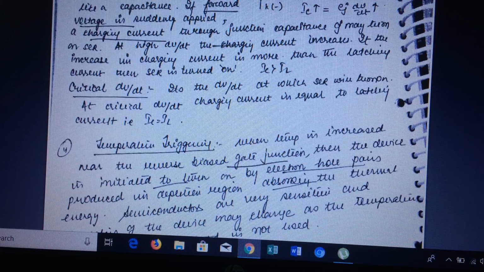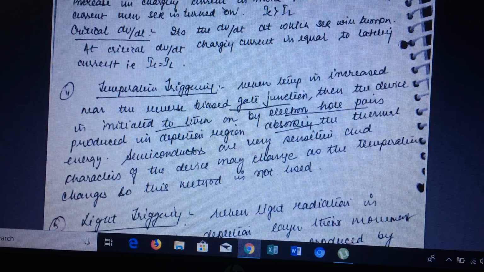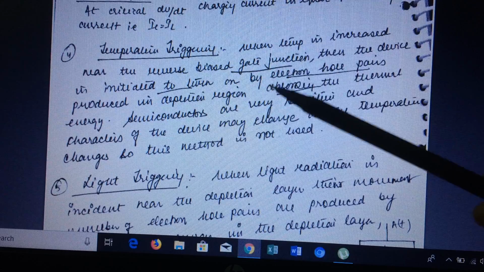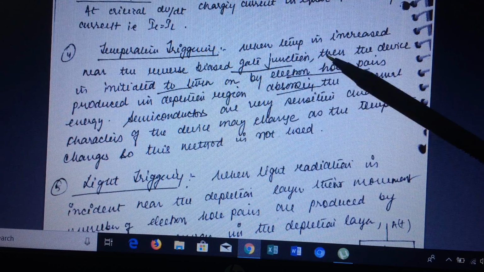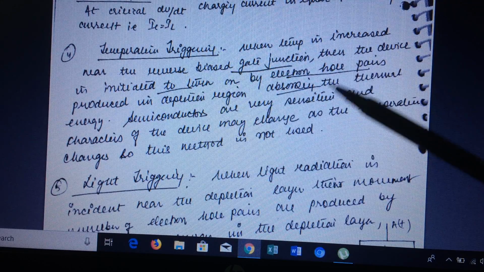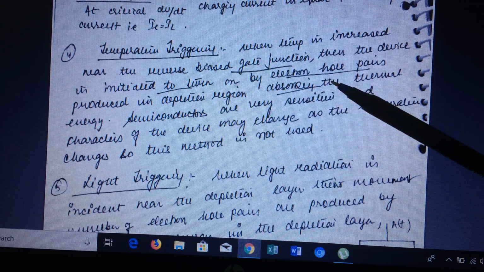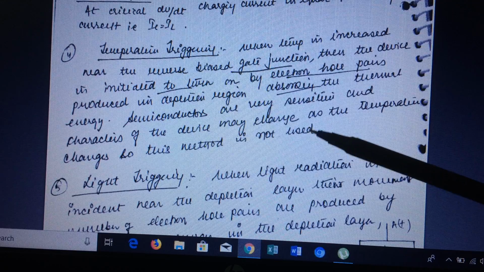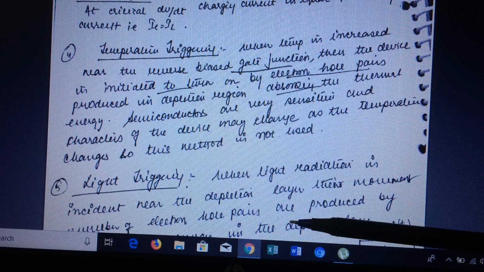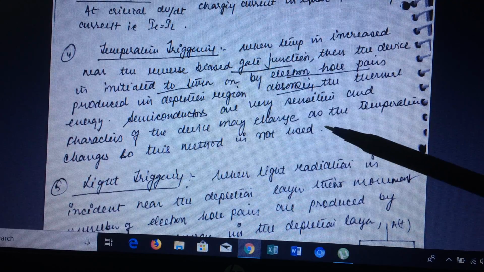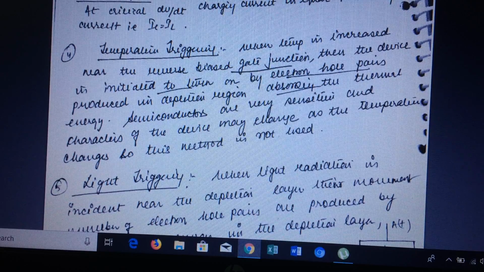So let's move on to the next method, that is temperature triggering. When temperature is increased near the reverse biased gate junction, the device initiates turn on of the thyristor, by electron hole pairs produced in the depletion region. Now semiconductors are very sensitive, and characteristics of the device may change as the temperature changes.